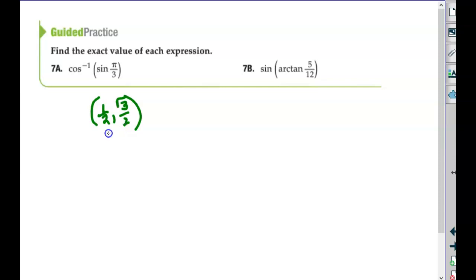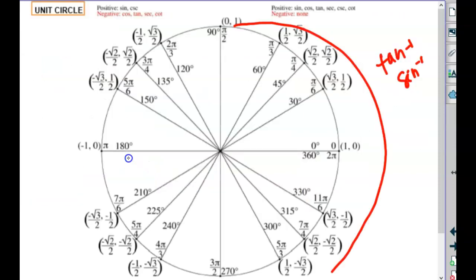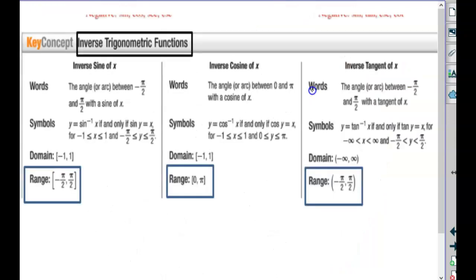Okay, so the sine is that guy, right? And then the question becomes, where is the cosine square root of 3 over 2? Once we figured this inside out, now we're doing the second step. So where is the cosine square root of 3 over 2? Positive is back here at π/6. Everybody okay?